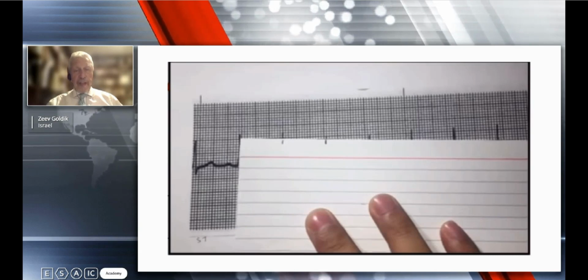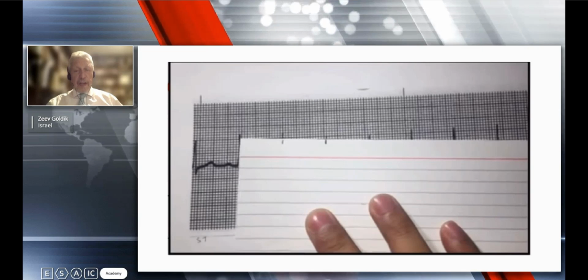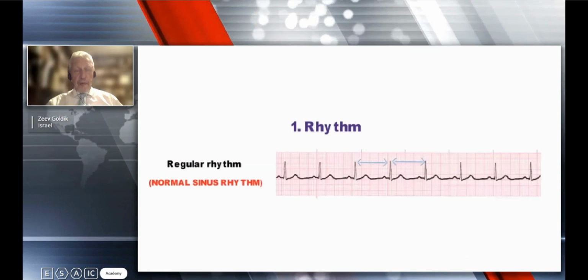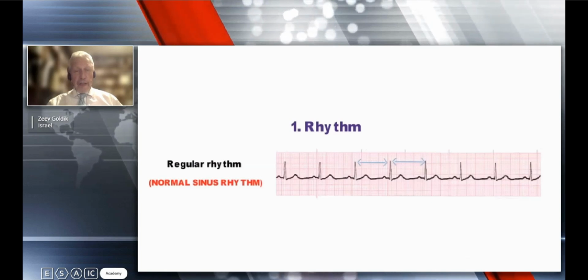If the distance is permanent, all the time the same, we are talking about a normal, regular rhythm.